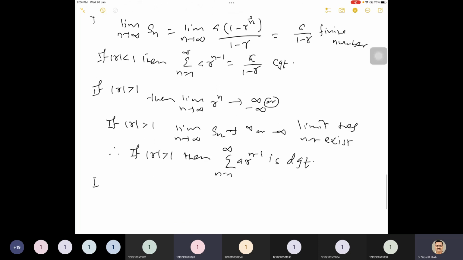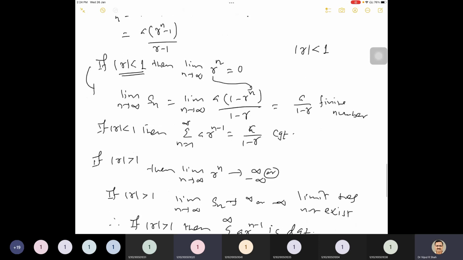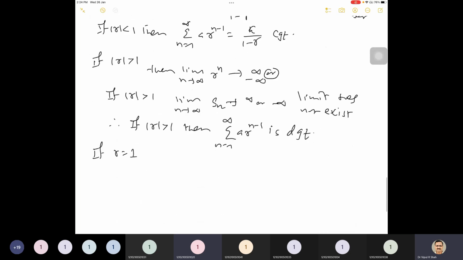Now suppose r equal to 1, then what happens? All terms will be a. Do you understand? Then what is Sn?